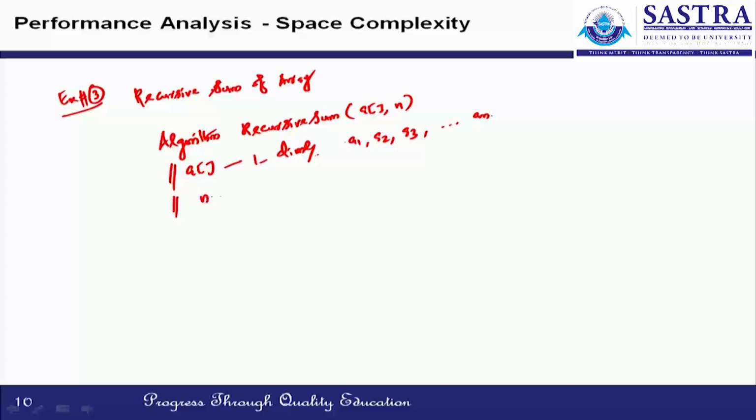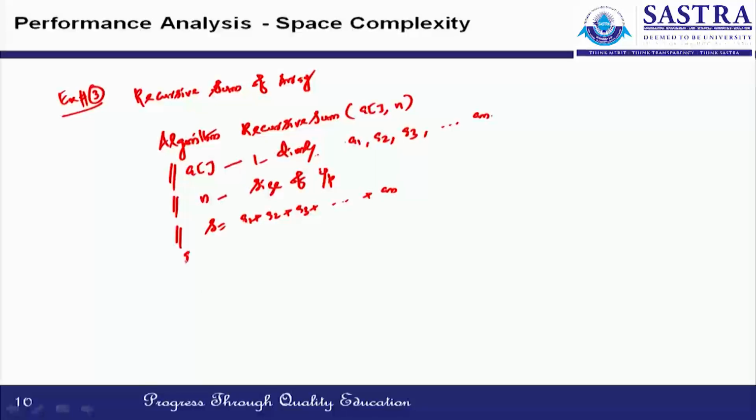What is n? n represents the size of the input. We need to find S is equal to a1 plus a2 plus a3 plus etc., an. The sum of the array elements should be obtained and the result should be returned.